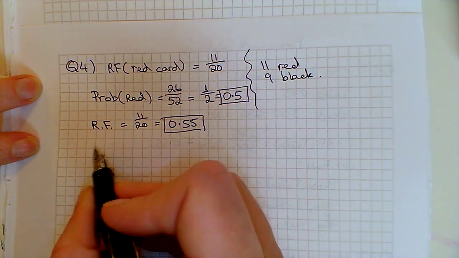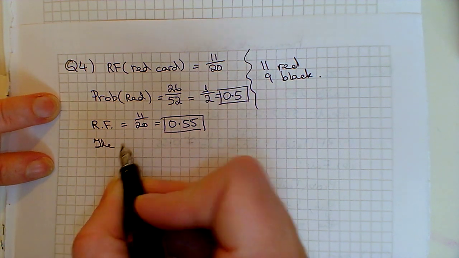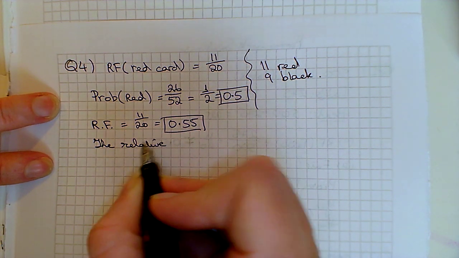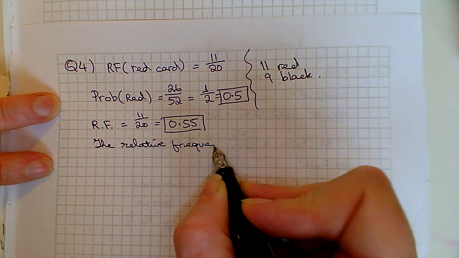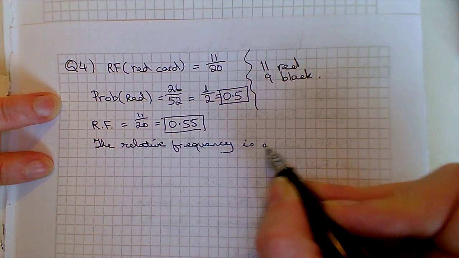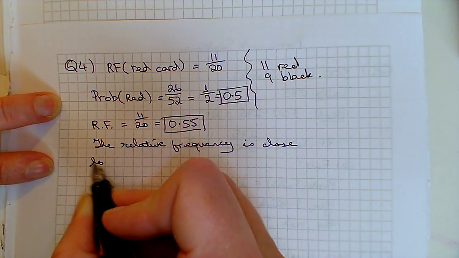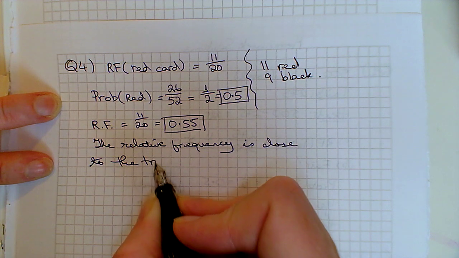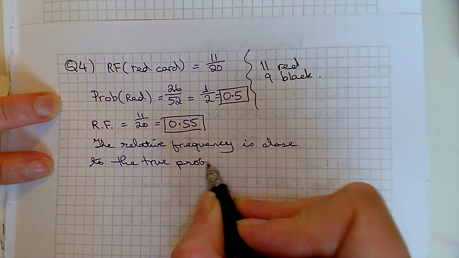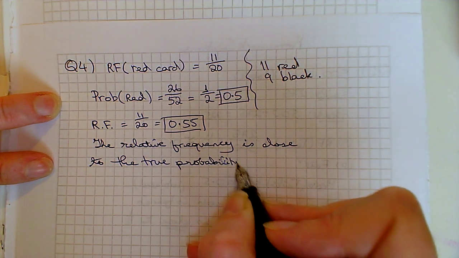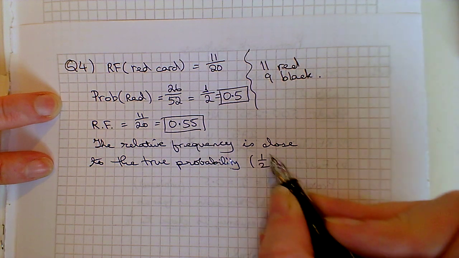So we would say that the relative frequency is close to the true probability. It's close to a half.